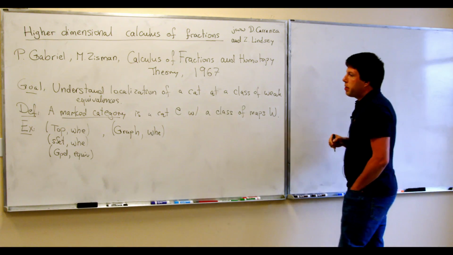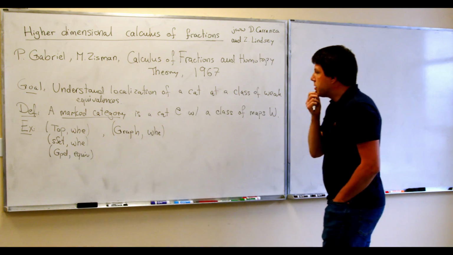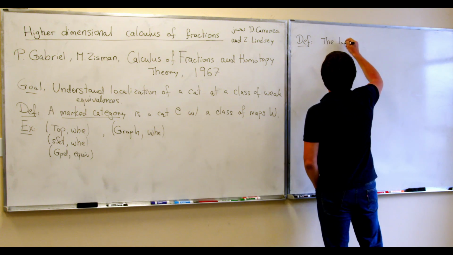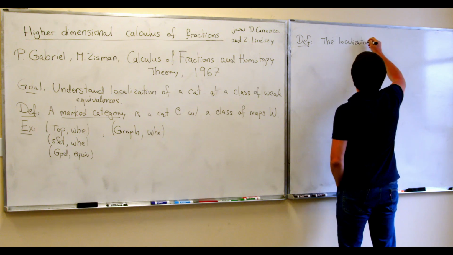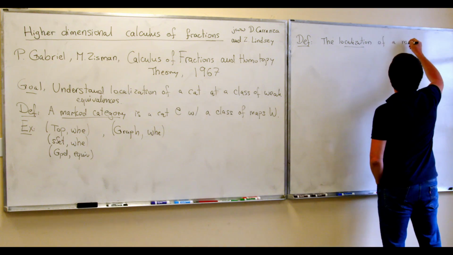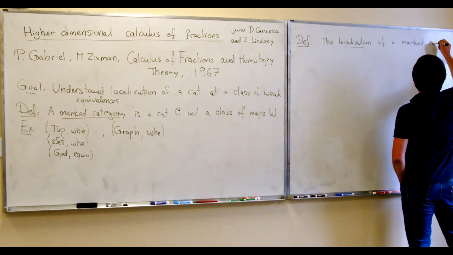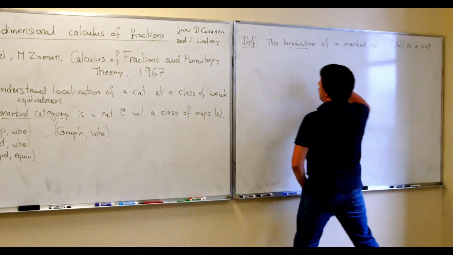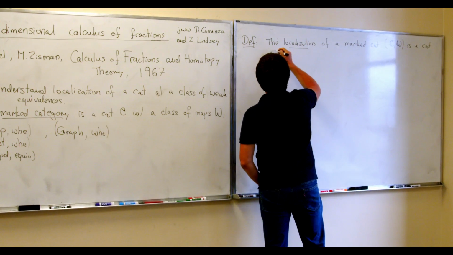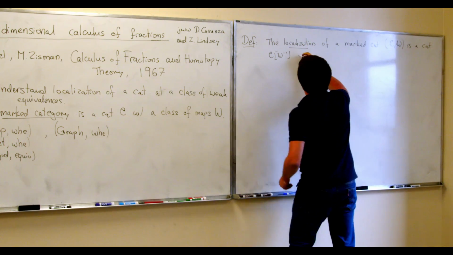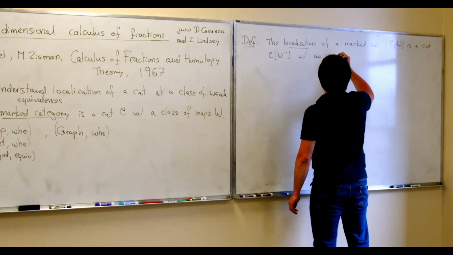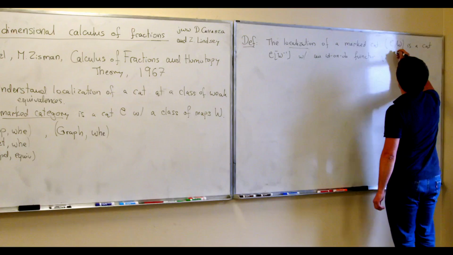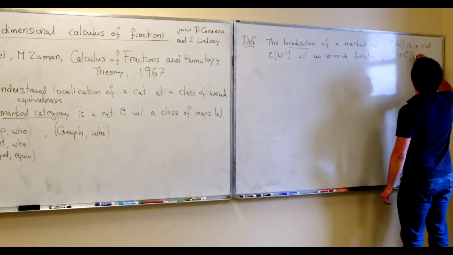Okay, so once we have such a thing, we want to consider its localization. So what is the localization? Definition: the localization of a marked category (C, W) is a category, that's tricky, C W inverse, with an identity-on-objects functor gamma from C to C W inverse.